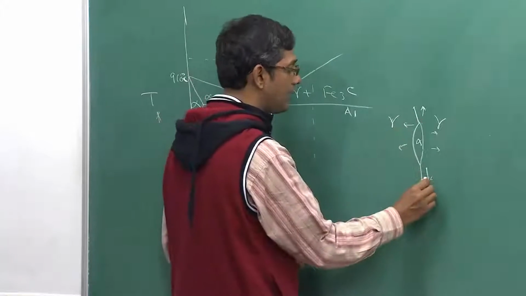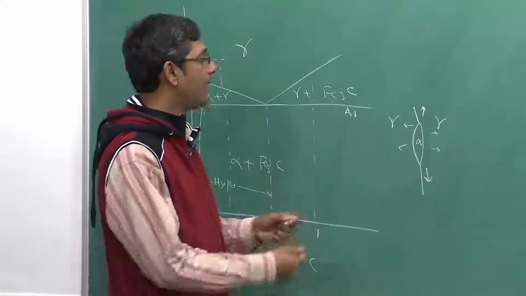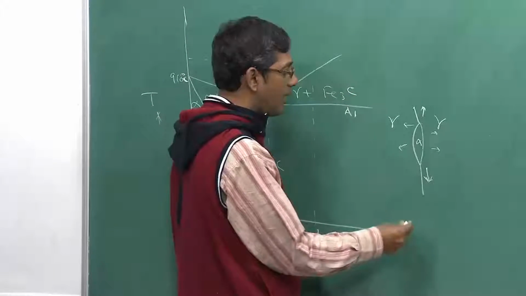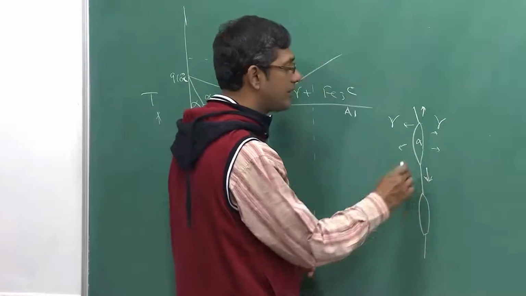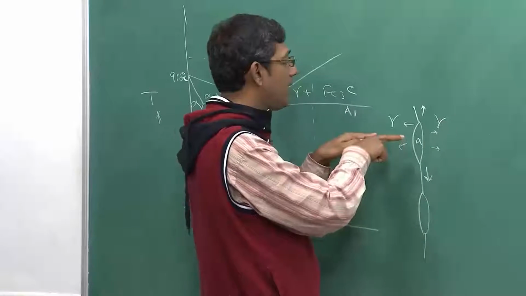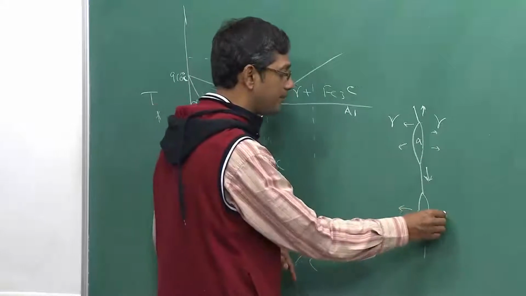Initially it grows in these 2 arrow directions as I showed you in this picture, and when it becomes very long, or if another alpha is growing nearby, the diffusion fields of these alphas merge, and only then do they start thickening inside the grains of gamma. That is what will happen.